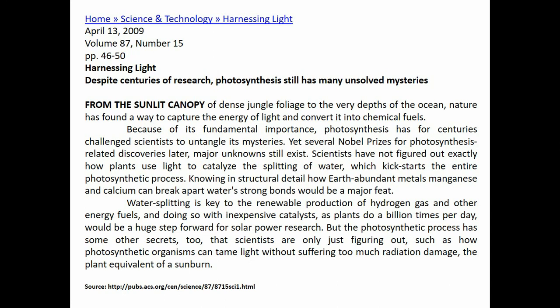We know that light is necessary for this process. We do not know how the light splits the water. We don't know if the light is doing the splitting, breaking up the molecules into oxygen and hydrogen, or if light is the catalyst for splitting the water.